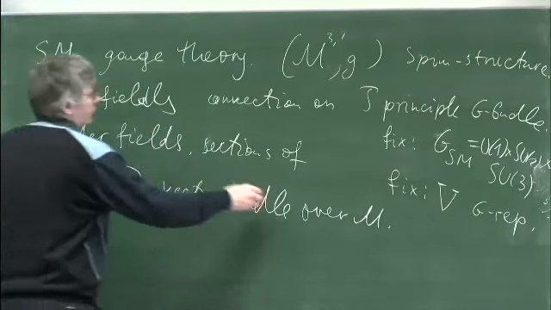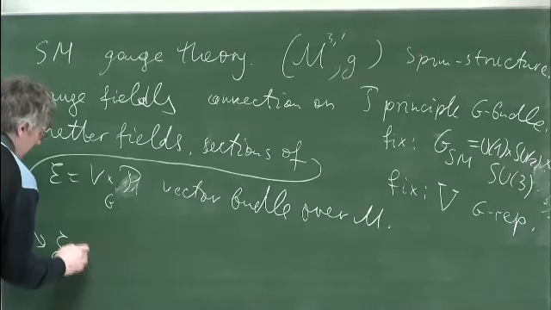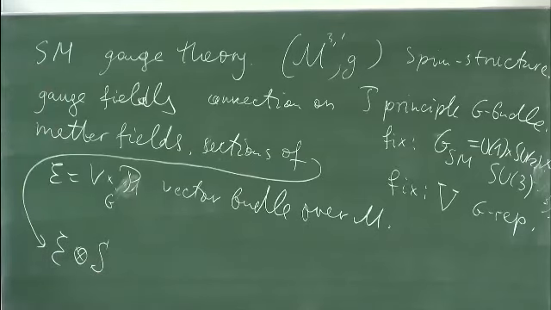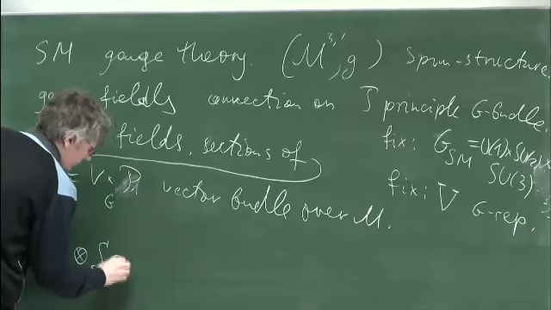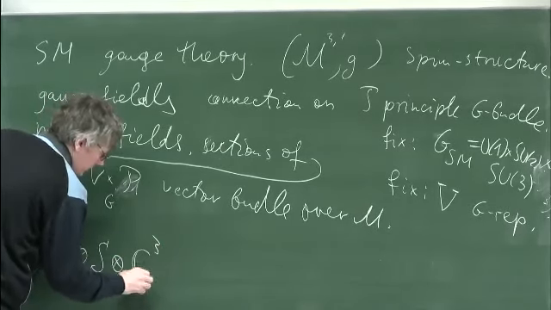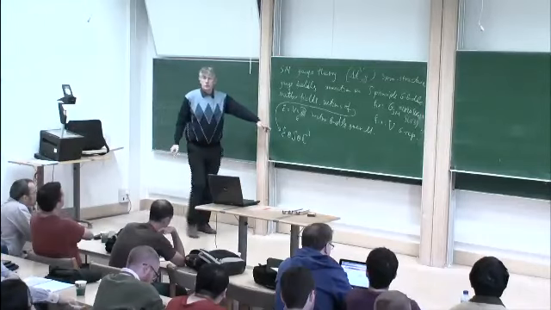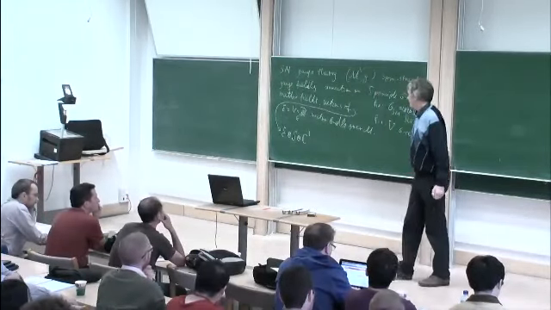So this matter field is a section of this vector bundle E, tensored with the spinor bundle S, since we fixed some spin structure, and actually also tensored with some three-dimensional space. There is no mathematical reason to tensor with this three-dimensional vector space.